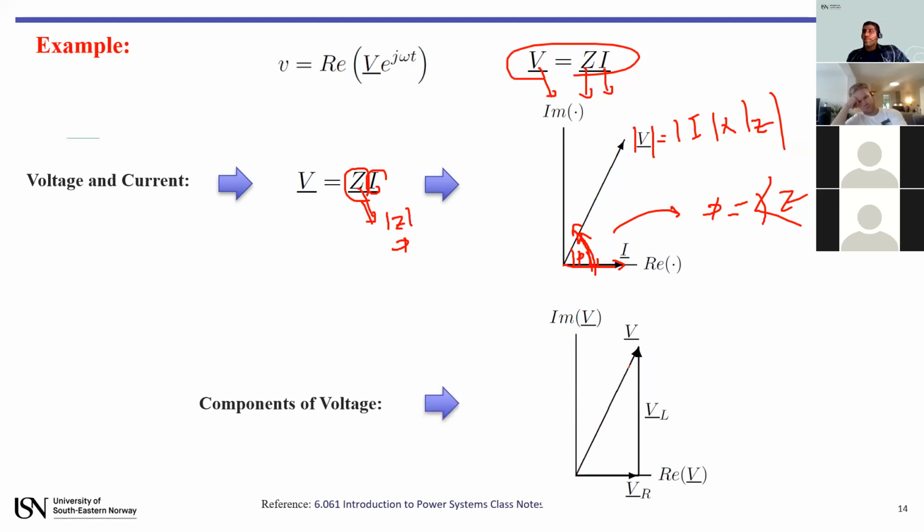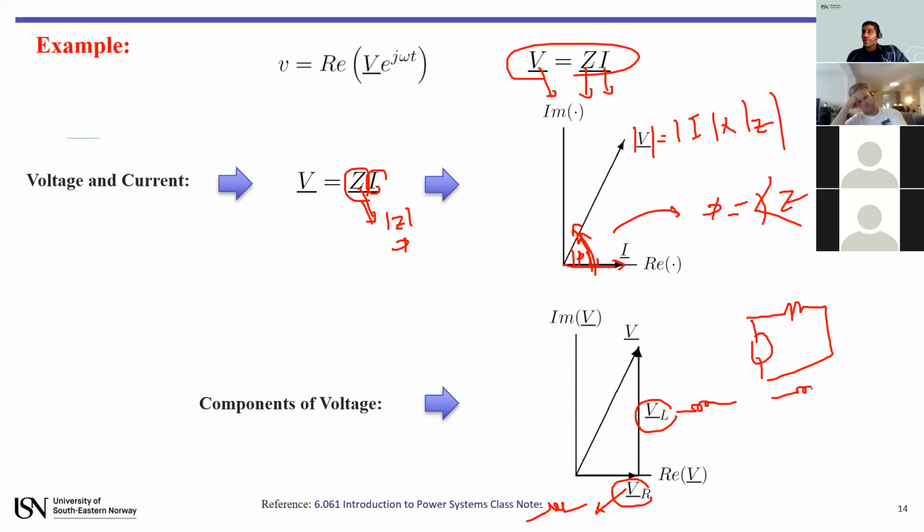You can see here the components of voltage as well. The voltage is a complex value. It's the combination of the real part and the imaginary part. The real part is because of the resistor, and the imaginary part is because of the inductor. So if you have just the resistor in the power system, you don't have this part.